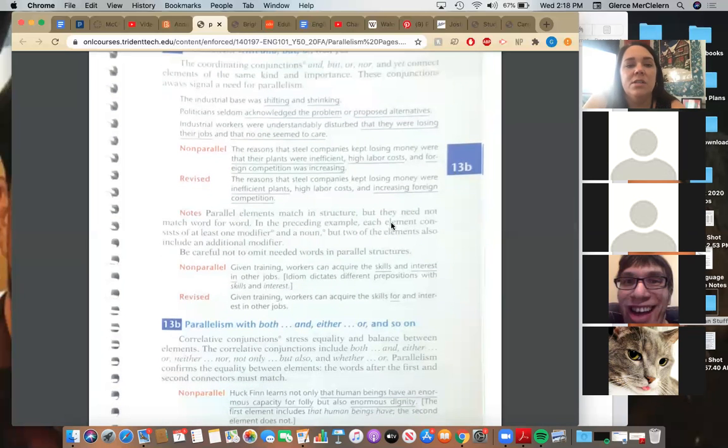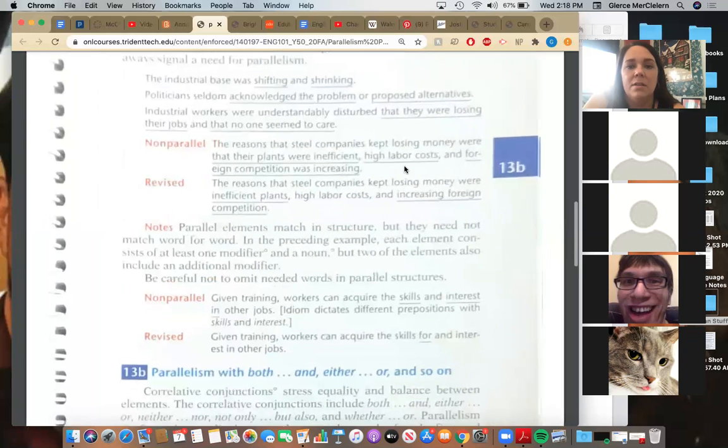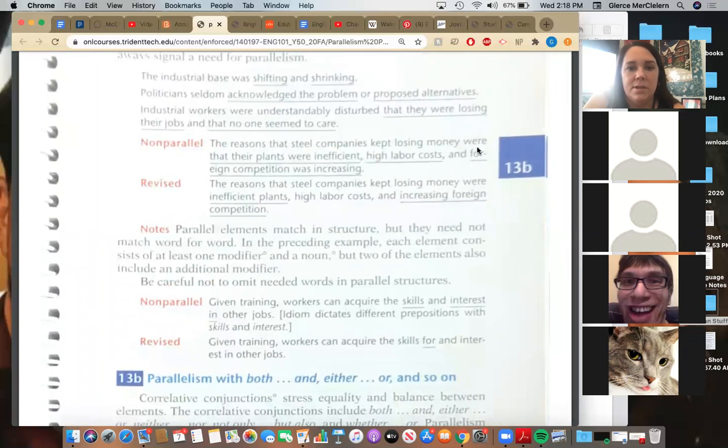So let's actually look at these examples of where it's not parallel and then how they revise it, because that's probably going to make a lot more sense. Non-parallel: the reasons that steel companies kept losing money were that their plants were efficient, high labor costs were inefficient, high labor costs, and foreign competition was increasing.